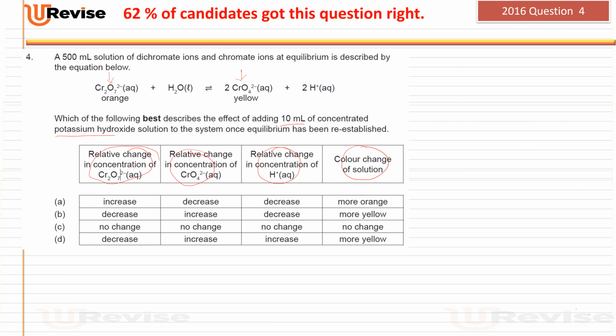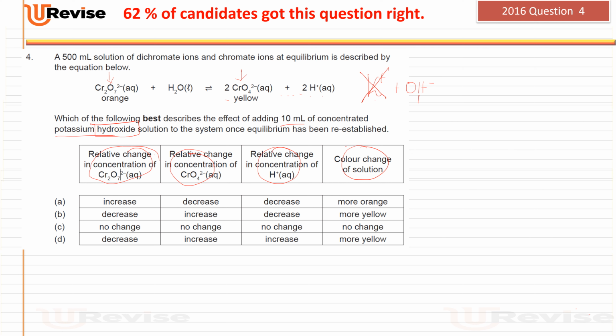Now, let's take a look at what we are adding. We're adding potassium hydroxide, and potassium hydroxide has K plus ions and OH minus ions, right? K plus ions cannot react with anything here to produce any kind of effect. So potassium ions are just spectator ions.